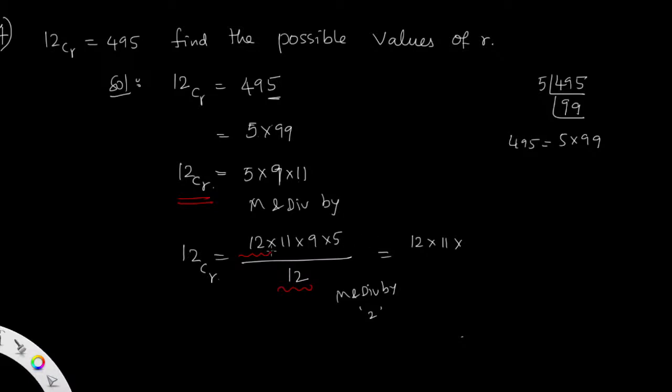Then 5 we have, so multiply and divide by 9 into 5 into 2 divided by 12 into 2.